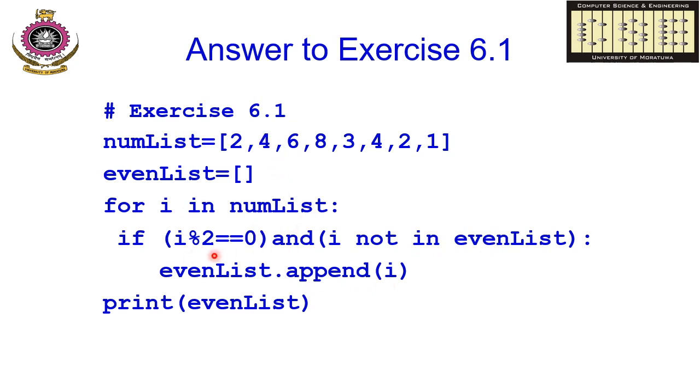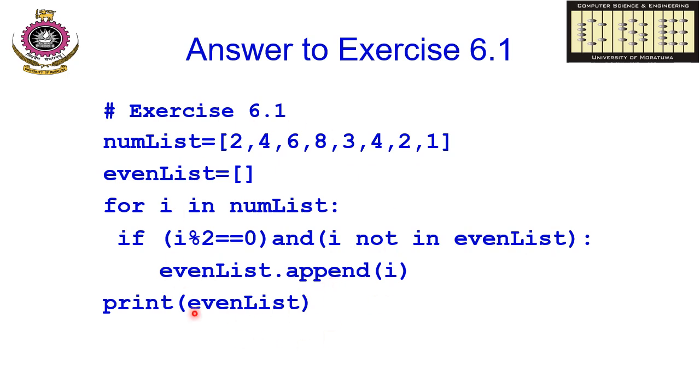The same happens. 4 modulo 2 is 0. This is fulfilled, and 4 is not in the even list, so 4 will be added. But when another 4 comes, this condition will be satisfied, but the second will not be satisfied because a 4 value is already included in the even list.